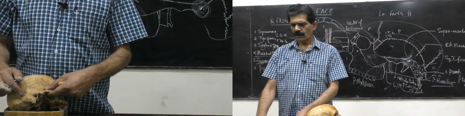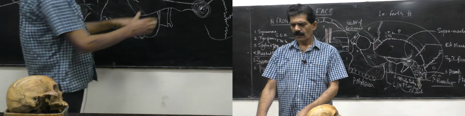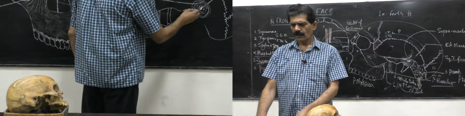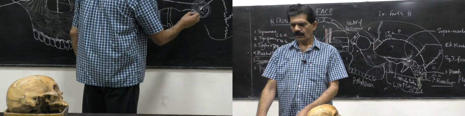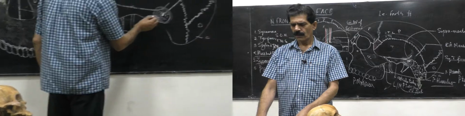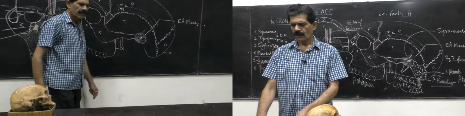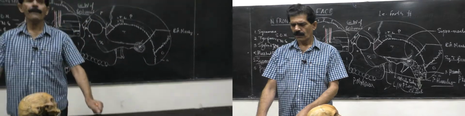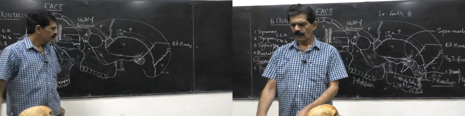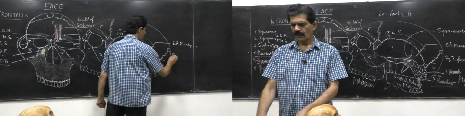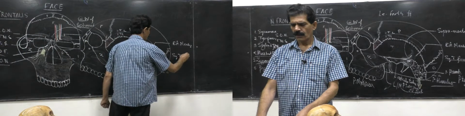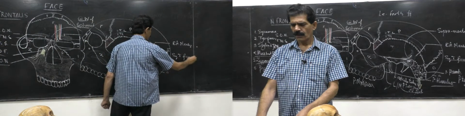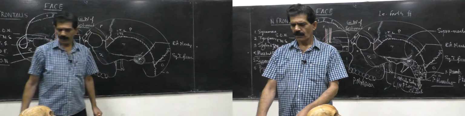And between the squamous part of the temporal bone and the lower part of the tympanic concentric plate, there lies a fissure. It is called the squamotympanic fissure. What is this fissure?